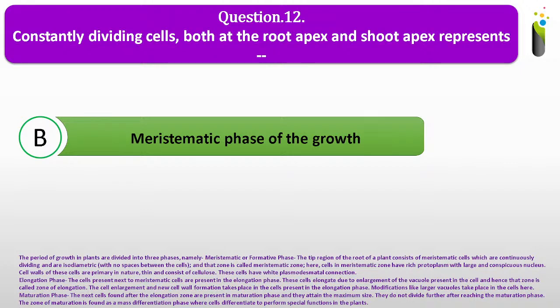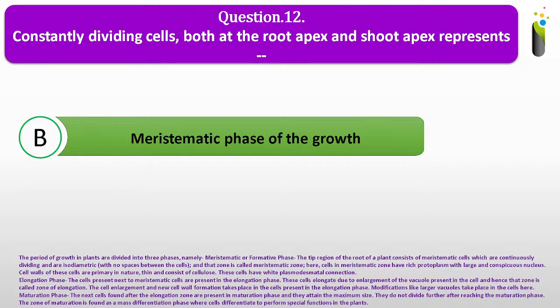The tip region of the root of a plant consists of meristematic cells which are continuously dividing, and these are isodiametric, with no spaces between the cells. And that zone is called the meristematic zone. Here the cells in the meristematic zone have rich protoplasm with large and very distinct nucleus.